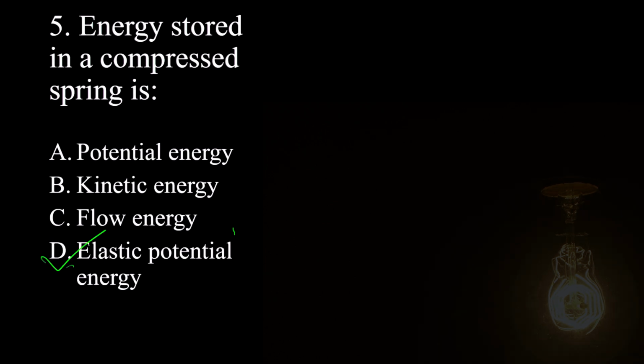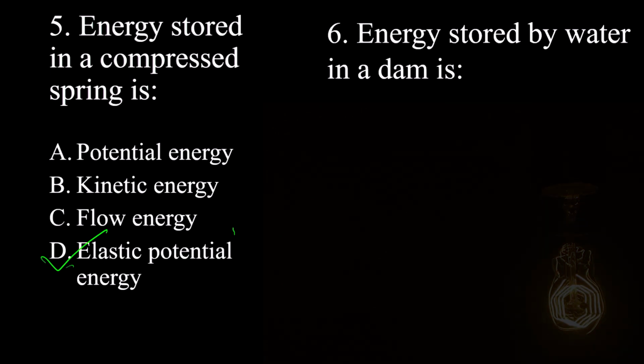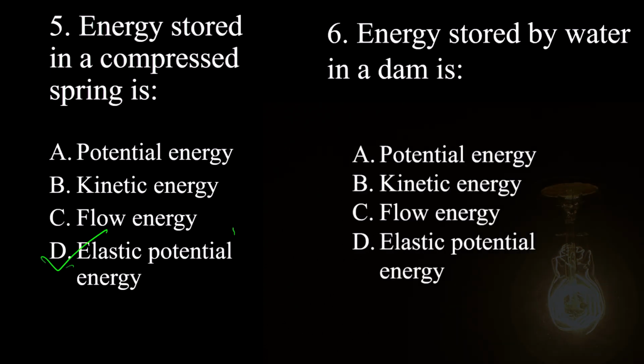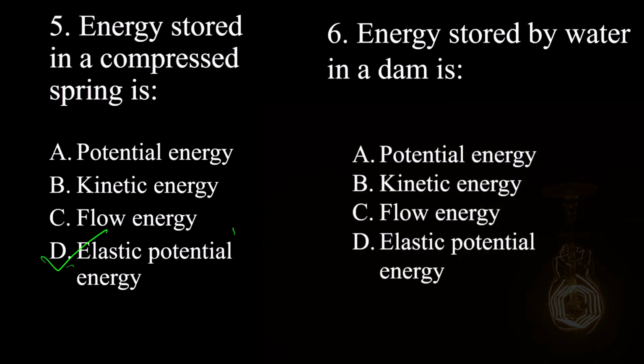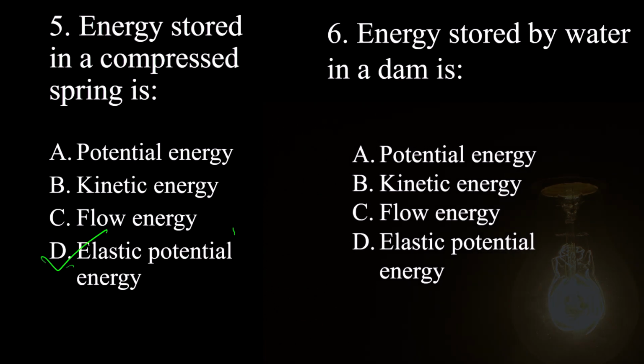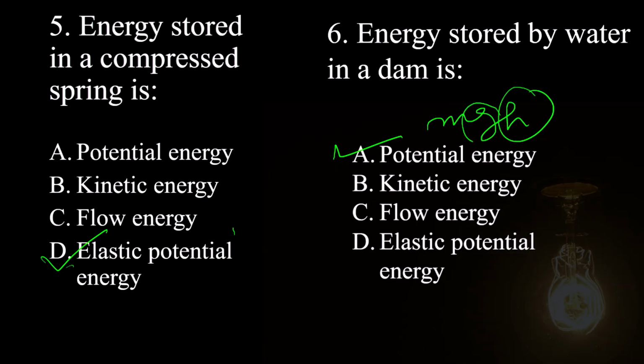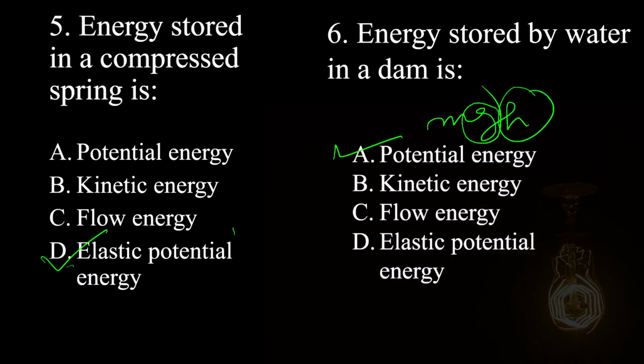So the correct option is D. There is one more MCQ of the same nature: energy stored by water in a dam is, and the options are the same. We know that a dam stores water at some particular height. So the energy stored is potential energy, because the formula is mgh. So the correct option is potential energy.